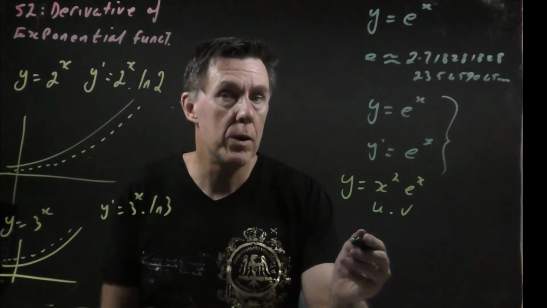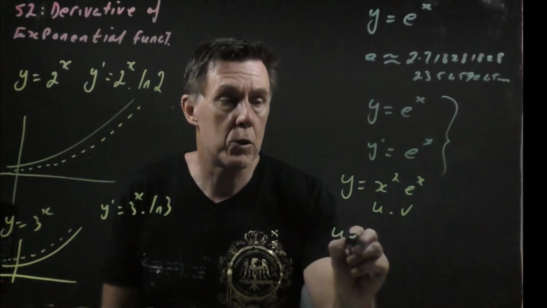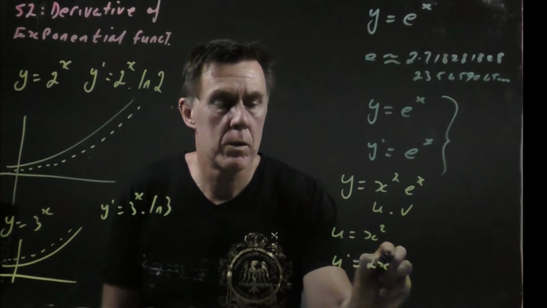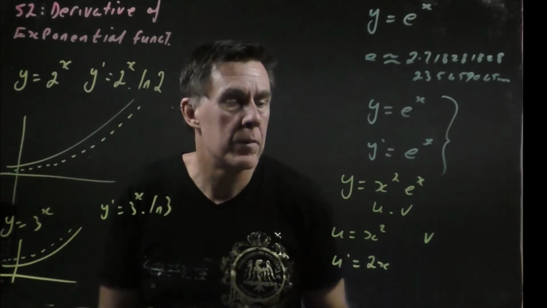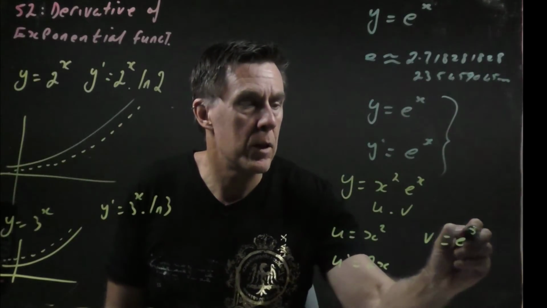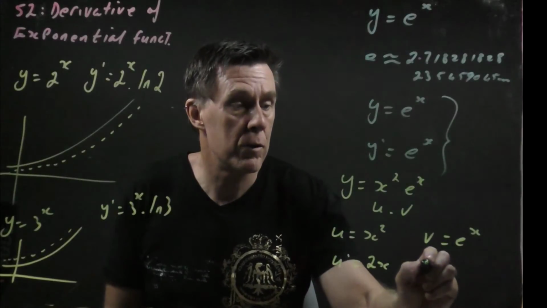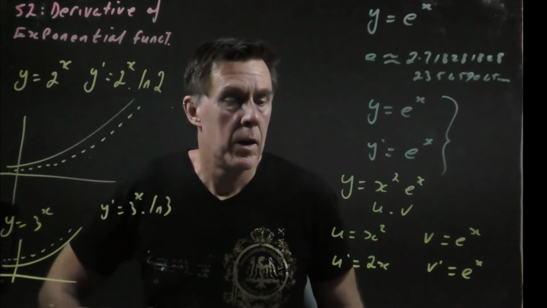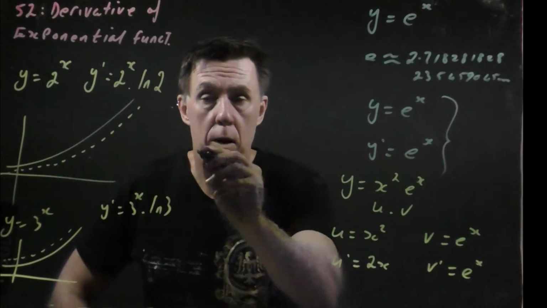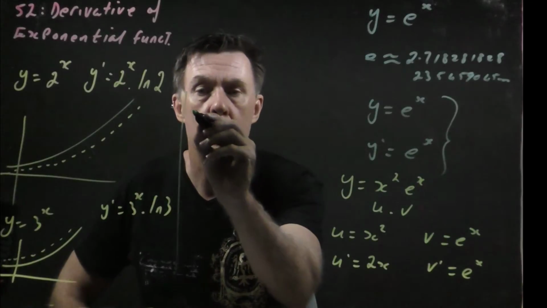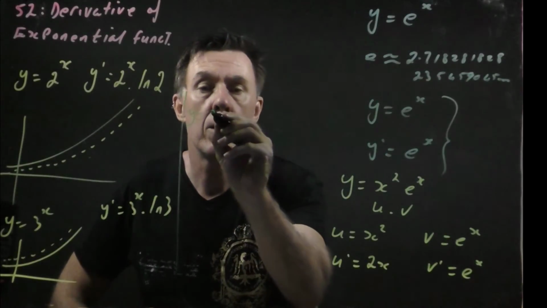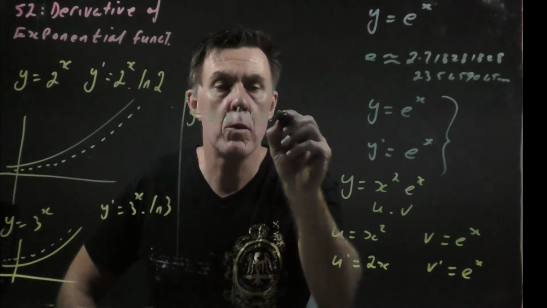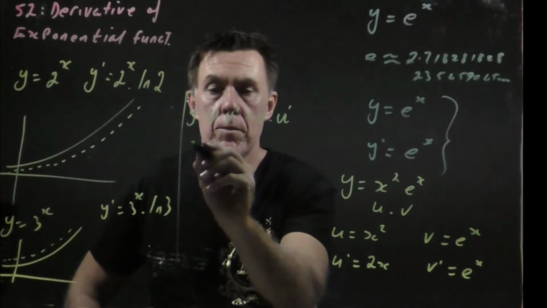Now, to do that, we need to split it into its two functions. u is x squared, where its derivative is 2x, and then v is equal to e to the x, and so we've just learnt e to the x's derivative gives e to the x. So let's now start applying product rule as we used to. So product rule is, it's going to be the first multiplied by the derivative of the second, plus the second multiplied by derivative of the first.